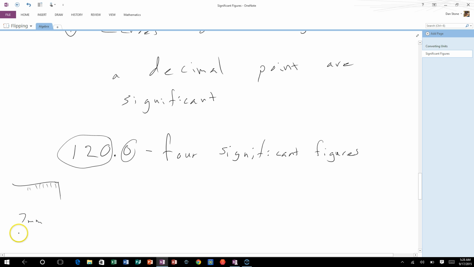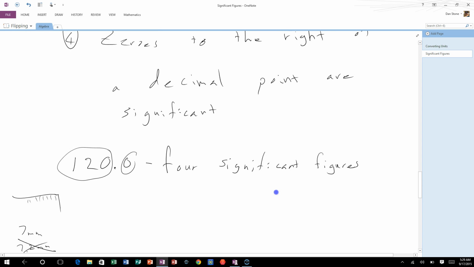But you can't say it's 7.2 millimeters because there are no 0.2 millimeter markings. Those millimeter markings are not broken up further into 10. So there's a limit. And the significant figures allow us to say, built into the number, how certain I can be and to what level my measurement is accurate, because that accuracy is very important.